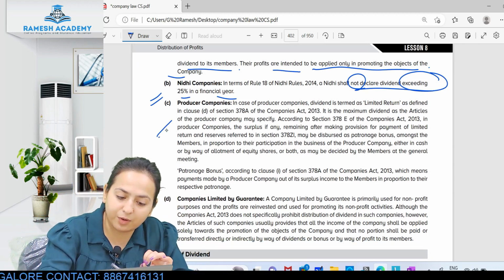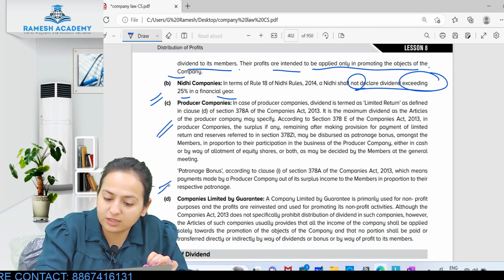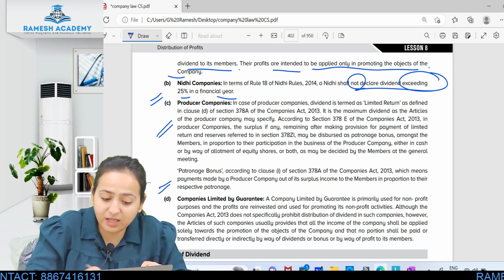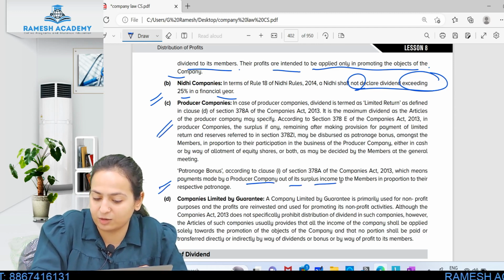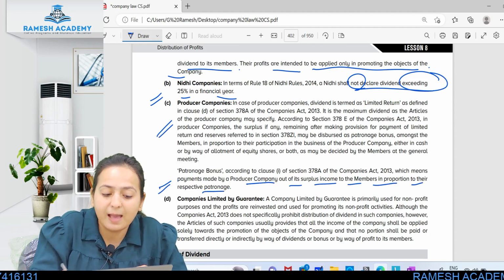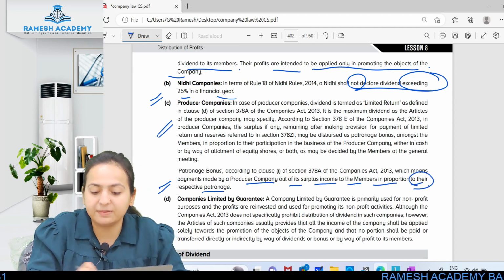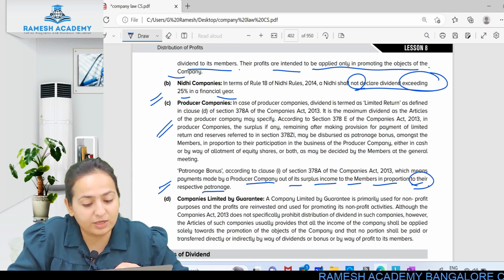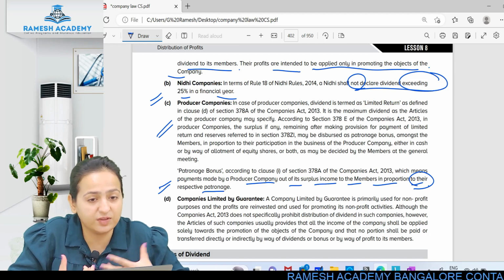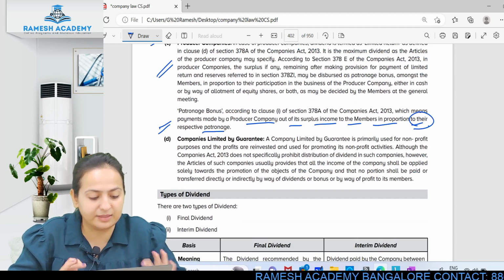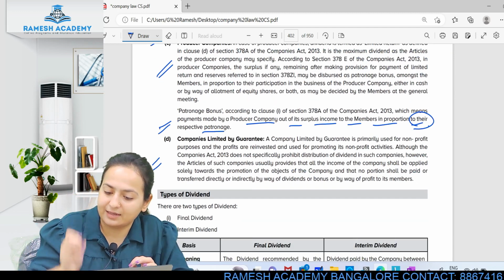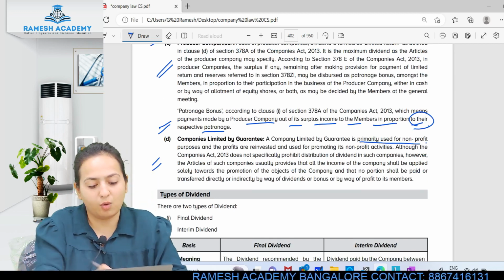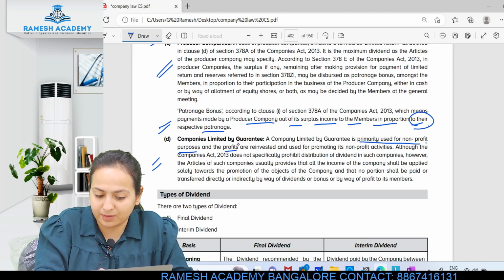Next comes the producer company. Payments made by a producer company out of the surplus are in proportion to their patronage. So the producer company will decide and pay according to the decision of the shareholders in the general meeting. A company limited by guarantee is primarily used for non-profit making purposes.